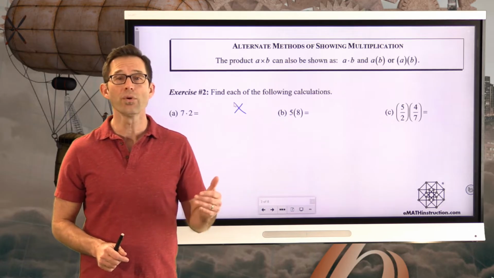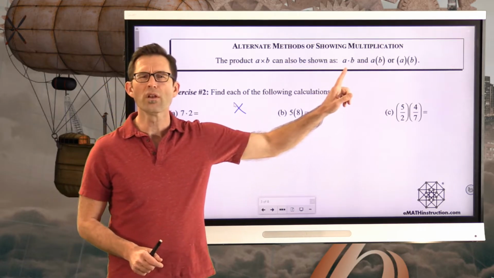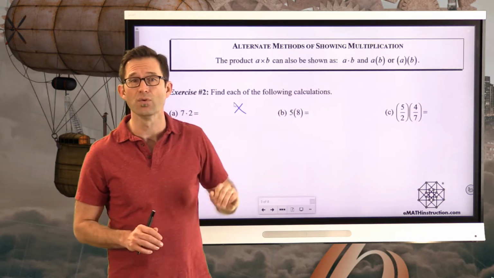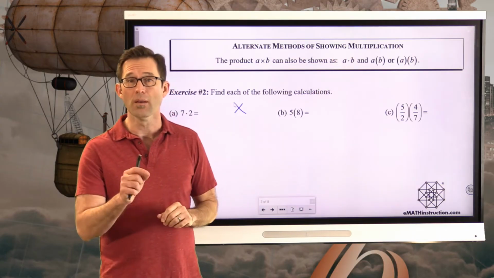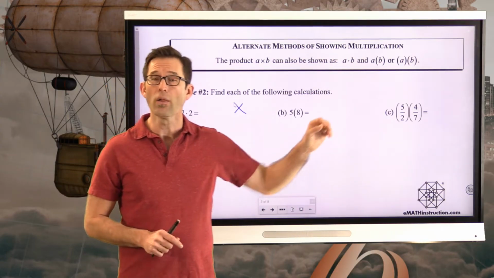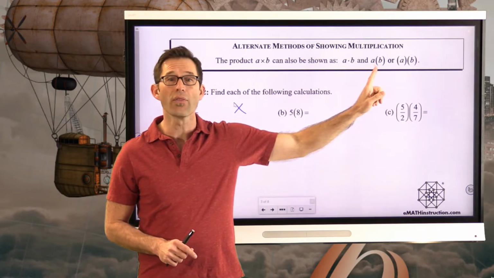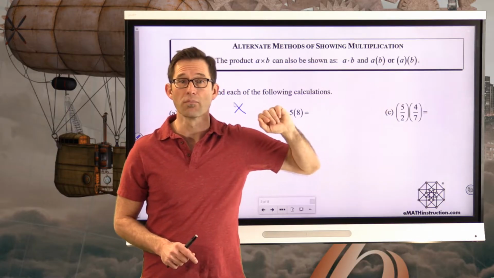So we introduce some new ways of showing multiplication. One is with a little dot. It looks like a period, but it's been raised a little bit, so it's not confused with, let's say, a decimal point. But a dot b would be multiply. As well, we can put one of the numbers simply in parentheses and have the other number sitting beside it. Or we could have both numbers sitting in parentheses.